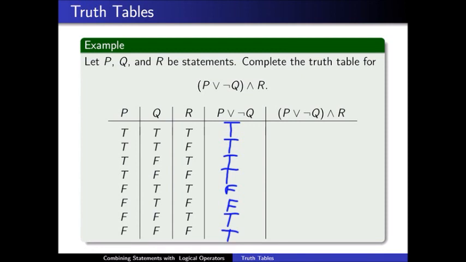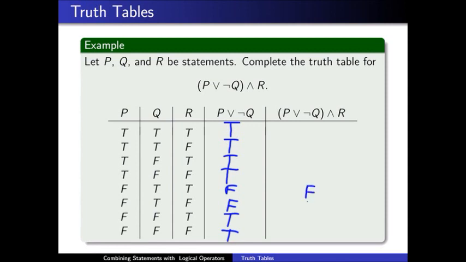Now, to complete the truth values for the overall statement in the last column, we just take the column we just completed, it must be true, and R must be true. Well, the previous column already has a false in 2 of these locations, and therefore the conjunction cannot be true in those cases.